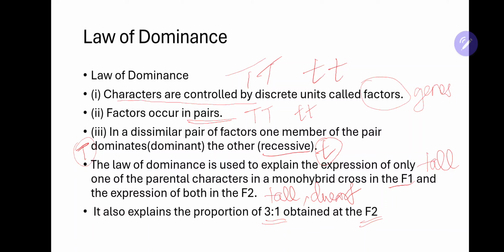So that was all about the law of dominance. In the law of dominance, Mendel discussed that the characters were controlled by discrete units called factors, and they occur in pairs. In a dissimilar pair of factors, only one member of the pair dominates and the other is recessive.